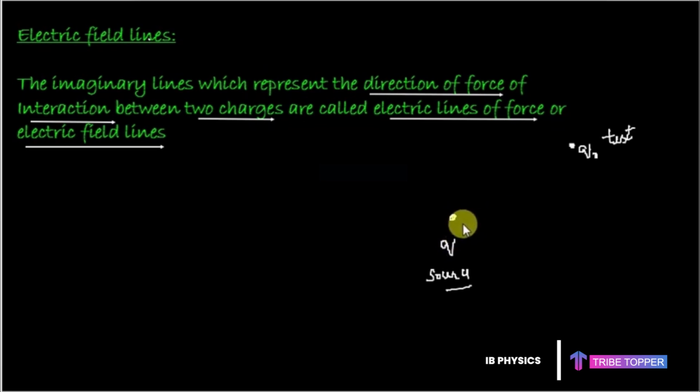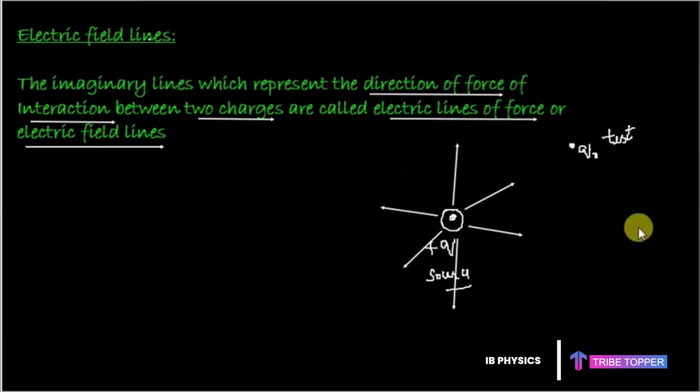Now, one thing important about electric field lines that you really need to understand is that if my source charge is positive right here, then the direction of the electric field lines is going to be acting outwards away from the charge, as you can see with the arrows marked. They will be going out like this.